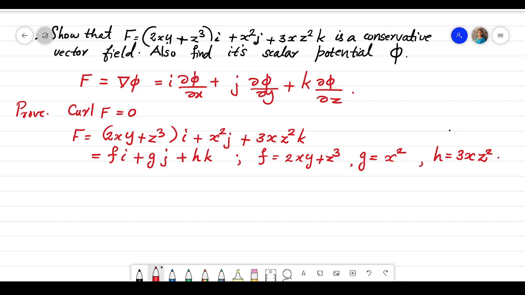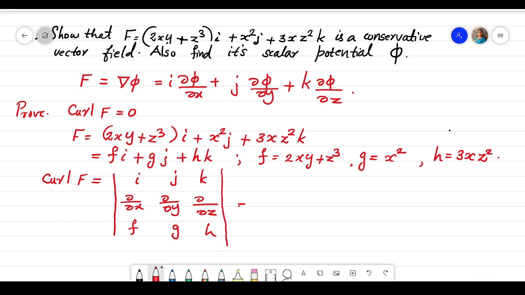Now, we have to calculate the curl of that vector field. So, what is curl F? The formula to calculate the curl F is the determinant with rows i, j, k; ∂/∂x, ∂/∂y, ∂/∂z; and f, g, h.